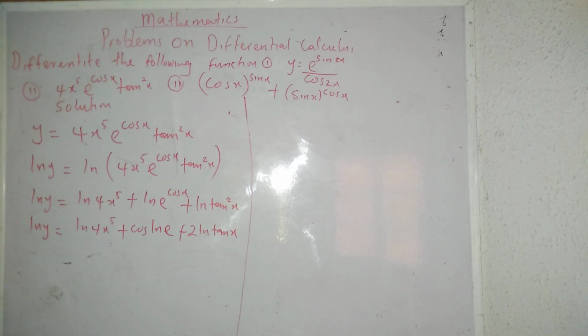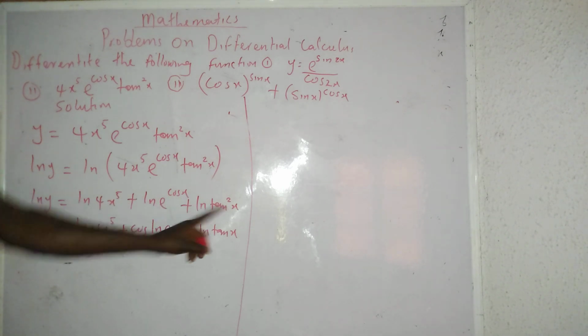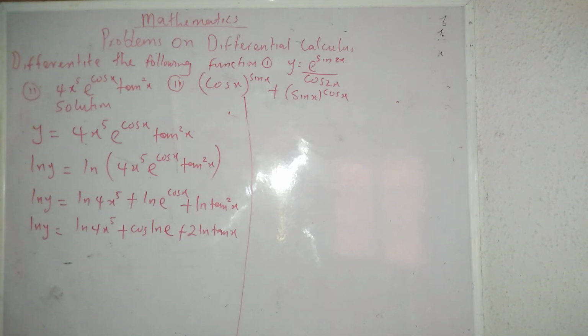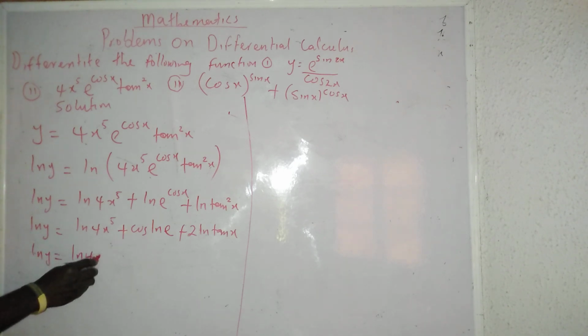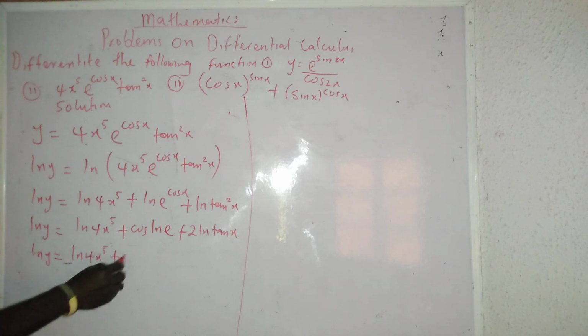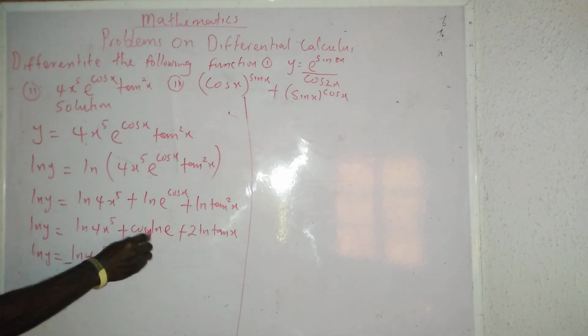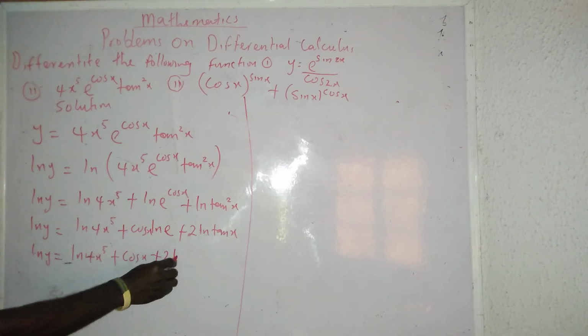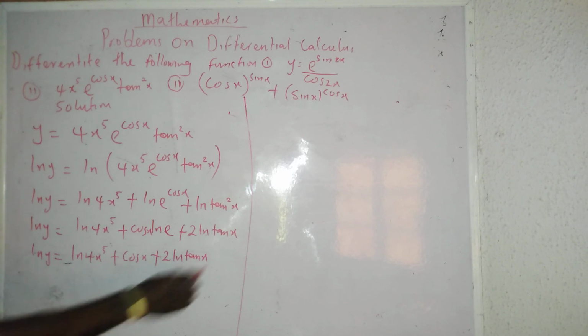I drop all the powers down. Now ln e becomes 1, so I have ln y equals ln 4x^5 plus cos x plus 2 ln tan x.